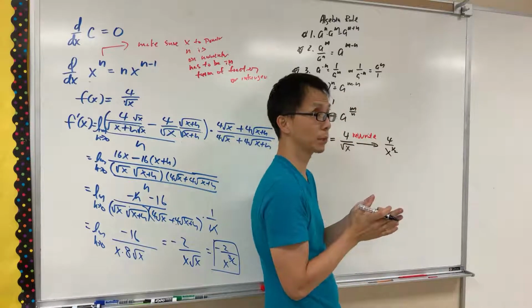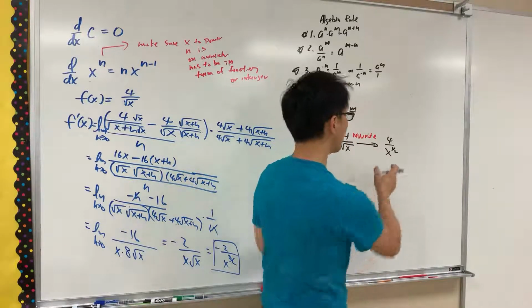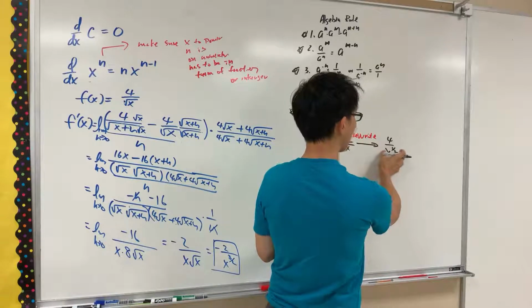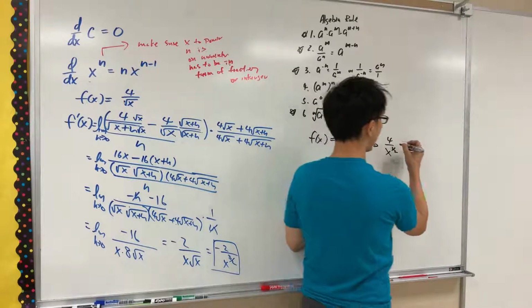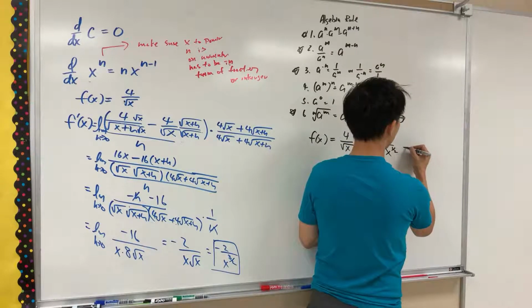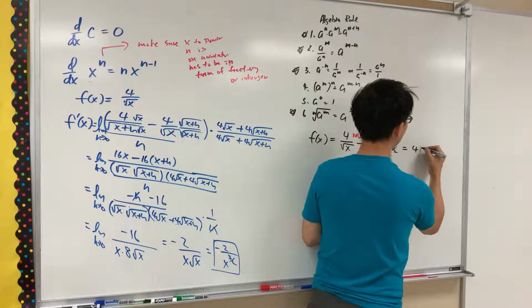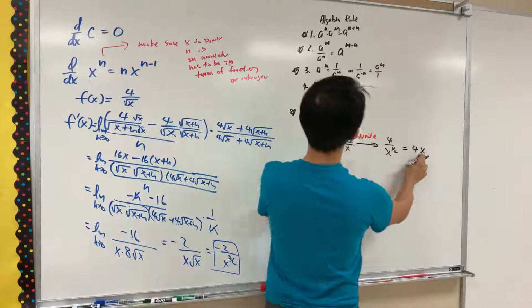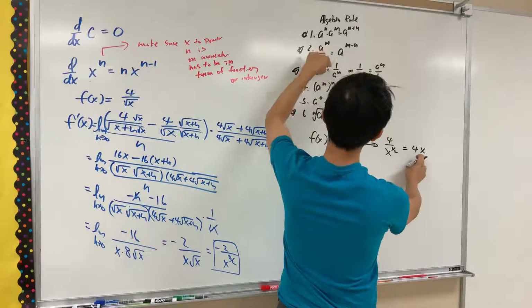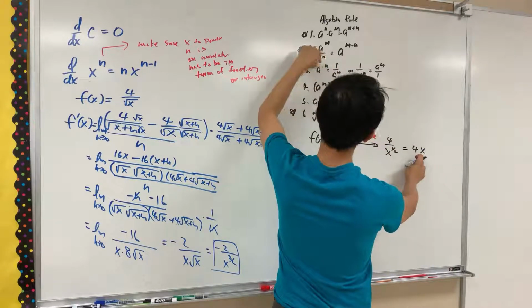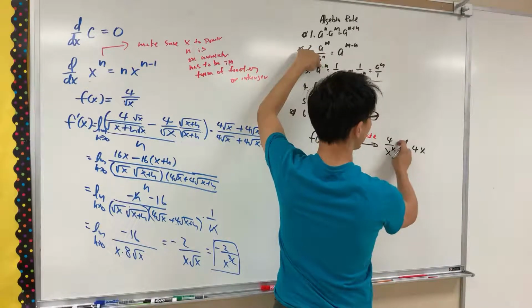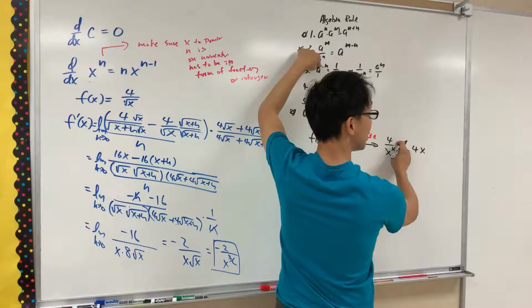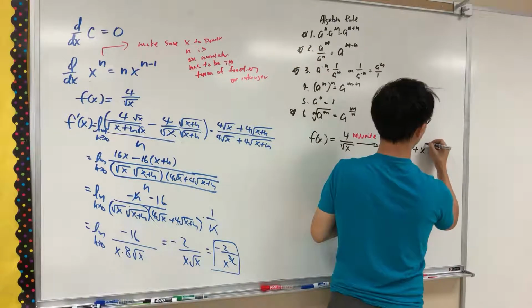Are we good? Going too fast? Now, in order for the rule to apply, I need to make sure that x is on the numerator. Does that make sense? Yeah. So it's equal to 4x, and we're going to use which rule? The negative exponent rule. Look, I'm going from here to here. From x to the 1/2, if I move it up, it's going to be x to the negative 1/2.